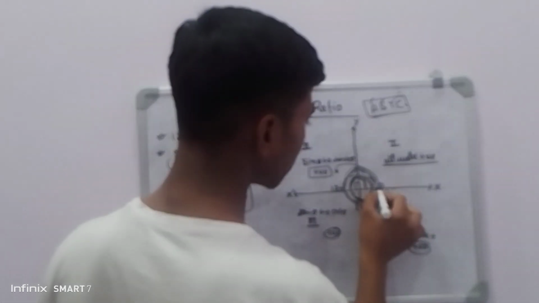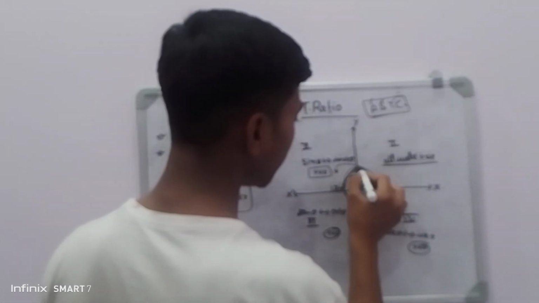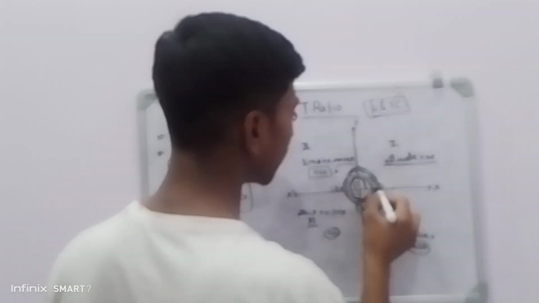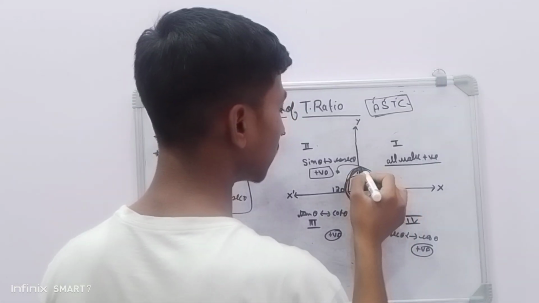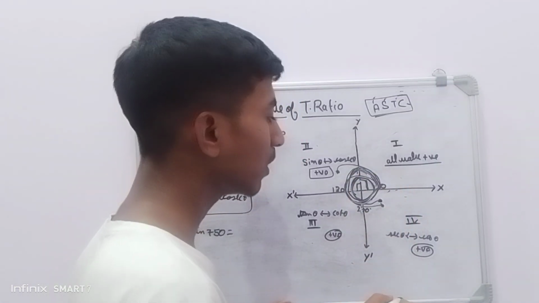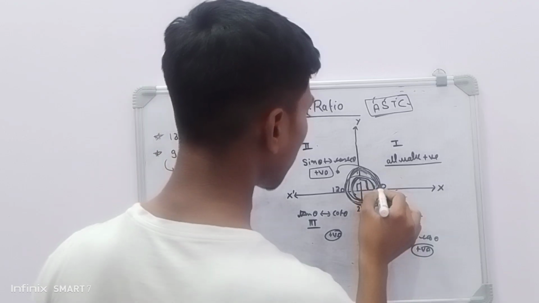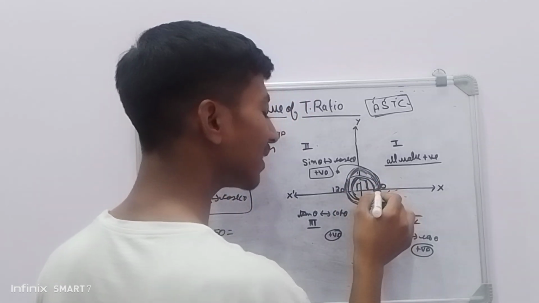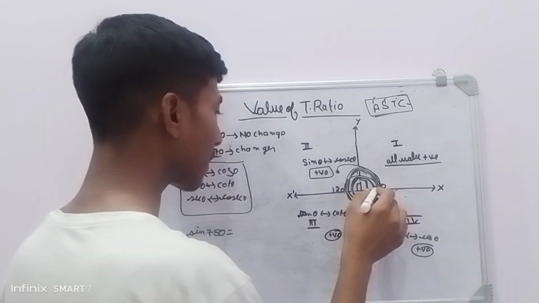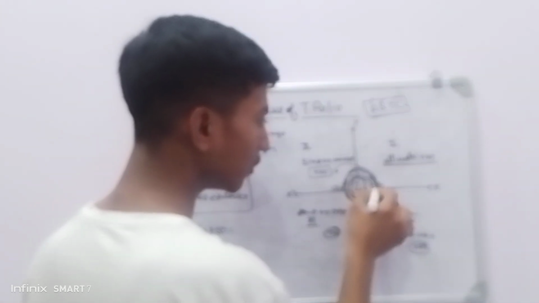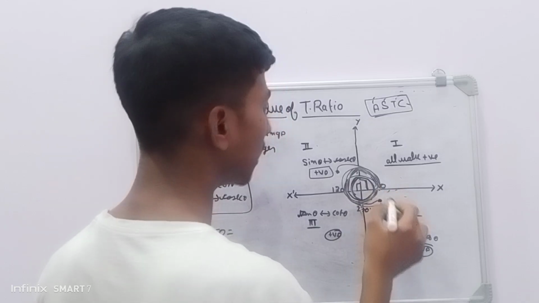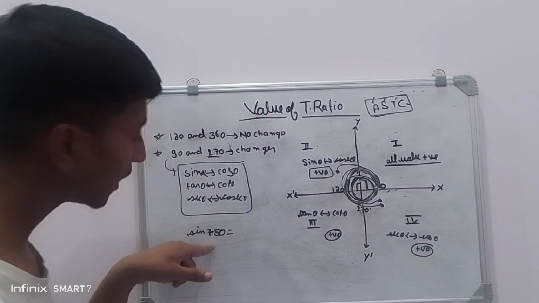So just starting from here, 0 degree, 90, 180, 270, 360, and again 360 plus 90, which is equal to 450, and going here you will again reach 720. If you make two revolutions from here, you will reach 720, and I am asking about 750.